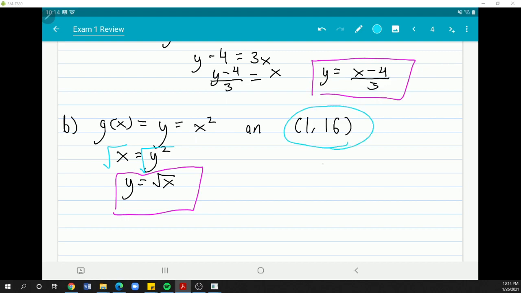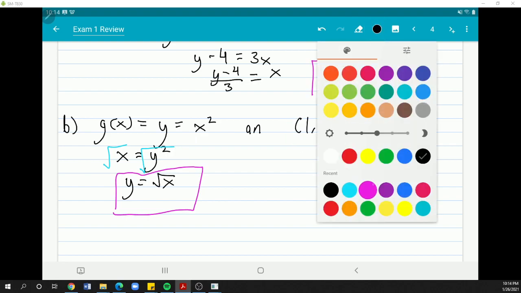So I just want to note, if the domain was, say, minus 16 to minus 1, then what we would have had at the end would have been y equals minus root x, because we want to make sure the number we get actually lands in the right place. So just a note there.